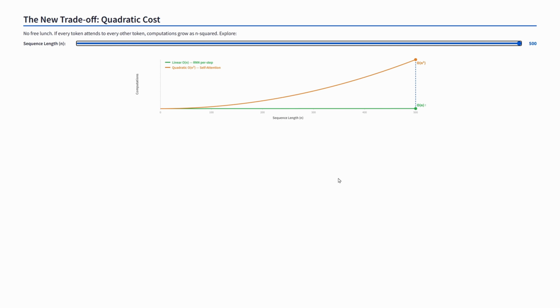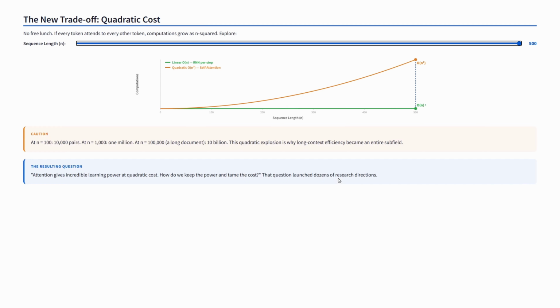Now extend this thinking to real world scenarios. At n equals 1000, that's 1 million pairs. At n equals 1 lakh, which is the length of maybe a long document, you are looking at 10 billion attention computations. Memory and compute requirements grow so fast that long context processing becomes the central engineering challenge of the entire field.